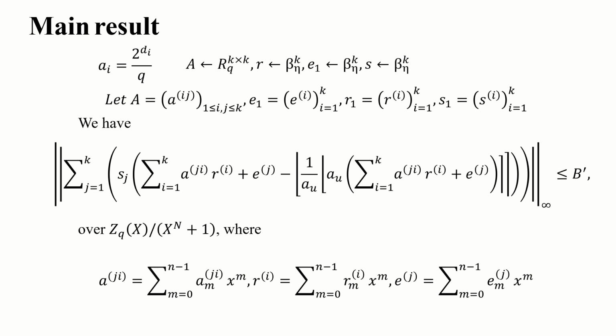Let A_i be equal to 2 to the power of D_i divided by Q, and A, R, E_1 are selected from certain distributions. Let A_1, R_1, and S_1 be the matrix form. We have the infinity norm of the sum is less than or equal to the bound over the specific ring, where A, R, E are polynomials.